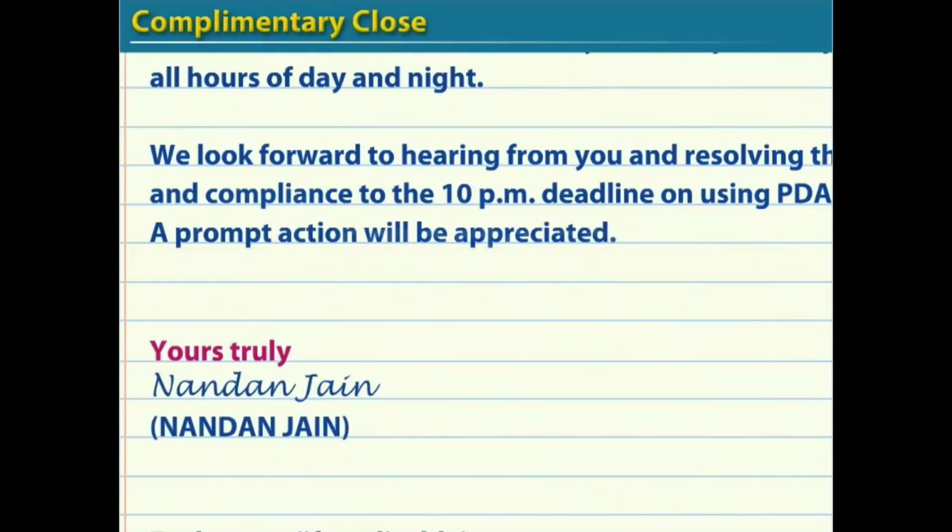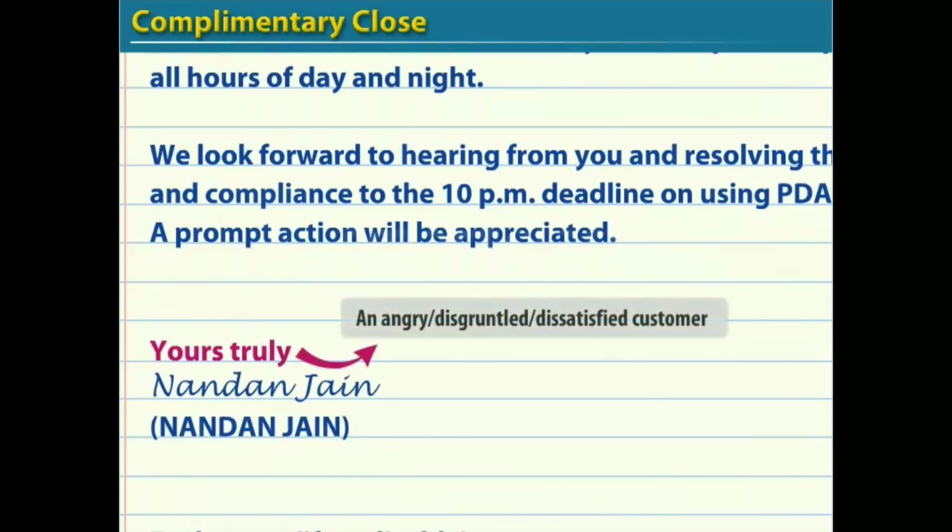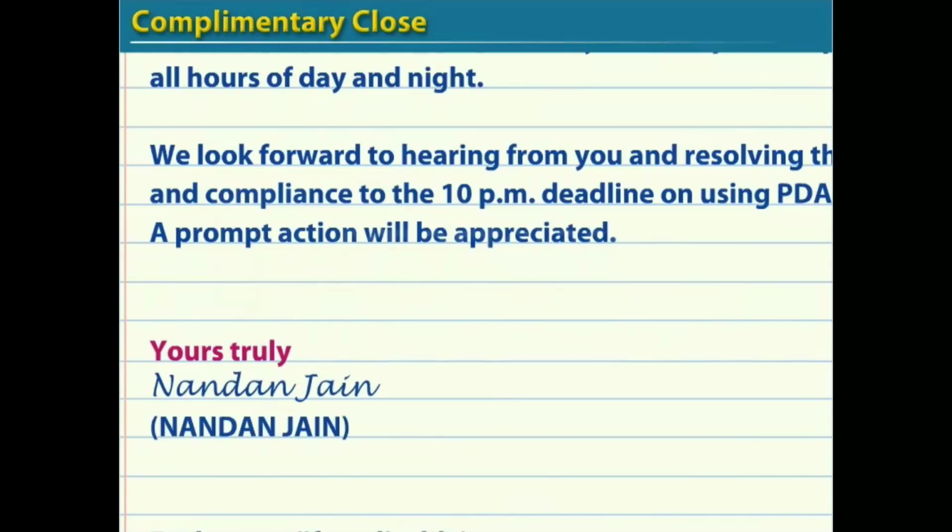Avoid using phrases like an angry or disgruntled or dissatisfied customer. Maintain the decorum and refrain from being rude or discourteous. Remember, there is no apostrophe in yours, and the second word is not capitalized. Do not punctuate the complimentary clause.